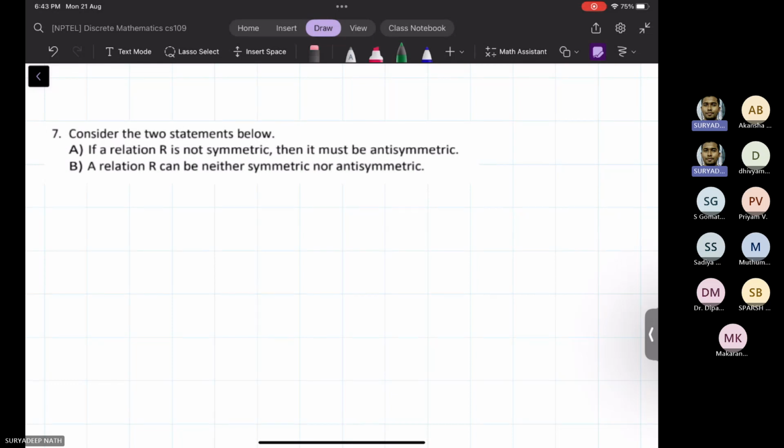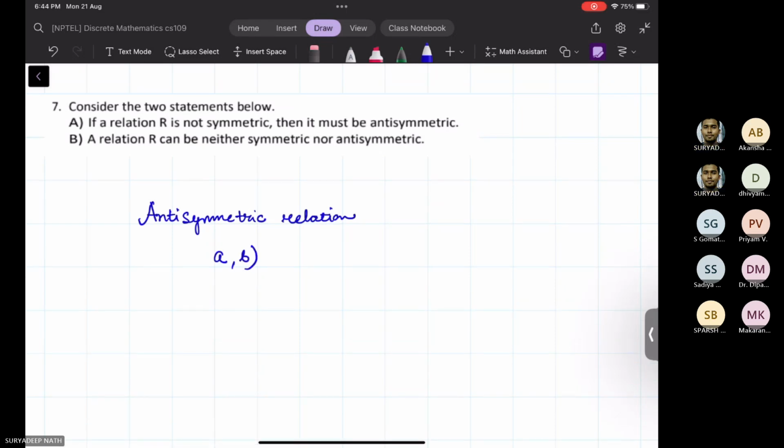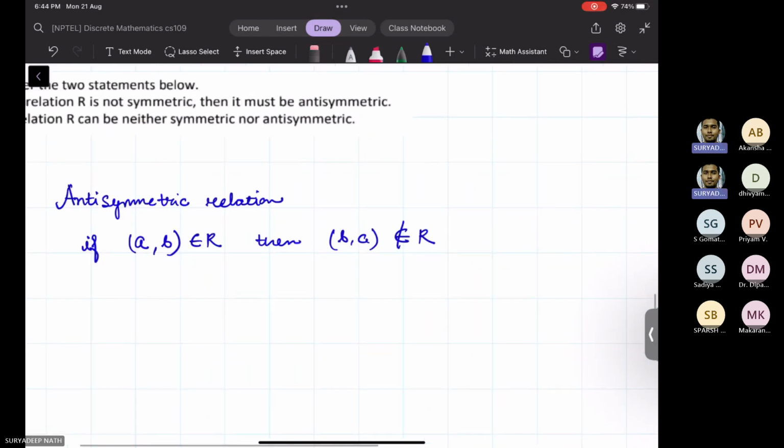So again, just to recap, what an antisymmetric relation is: if we have an antisymmetric relation, it means that if (A, B) belongs to R, then (B, A) does not belong to R, given A is not equal to B. So if A and B are different, then this will always hold.